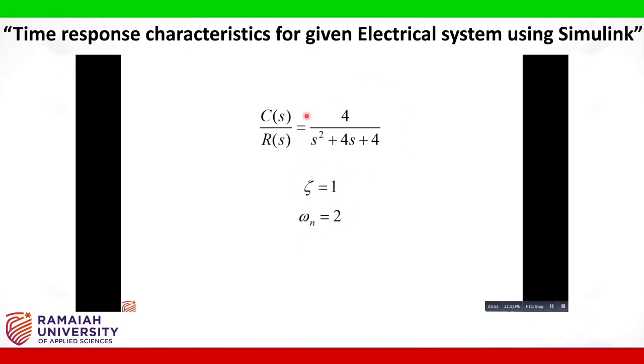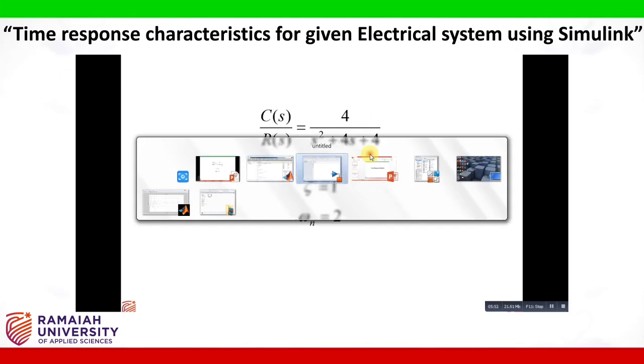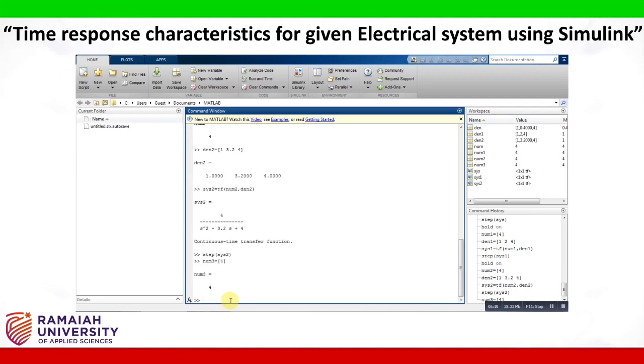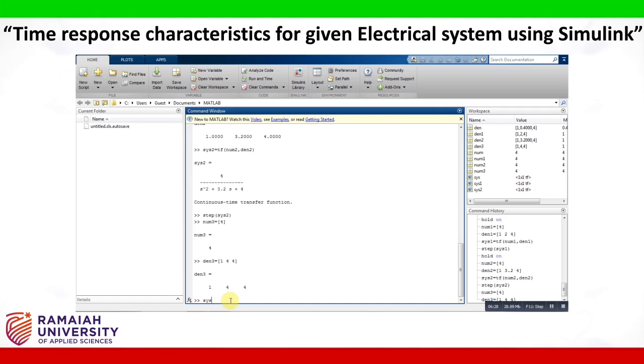Now we will increase the zeta value to 1. So you can see the change in response. Now again define the numerator coefficients and also define the denominator coefficients enclosed within square brackets. Press enter.